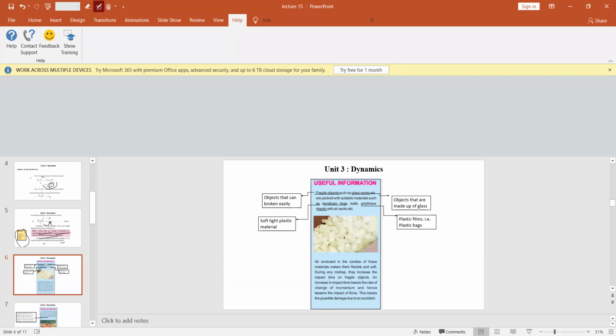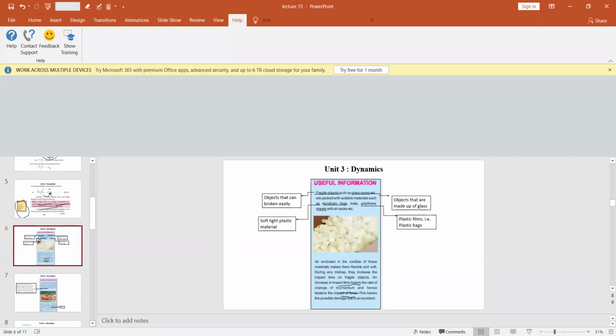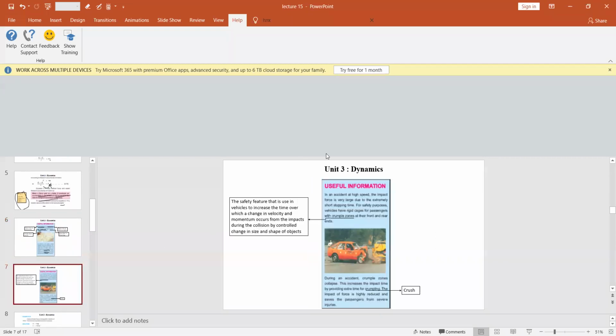Because of wrapping in these kinds of sheets, they increase the impact time, and they lower the rate of change of momentum, and hence the force will be less. So in this case the damage will be less, right? This application of momentum and force is used in our daily life as well to save different objects. All right. Second useful information: in an accident at high speed, the impact force is very large due to extremely short stopping time.